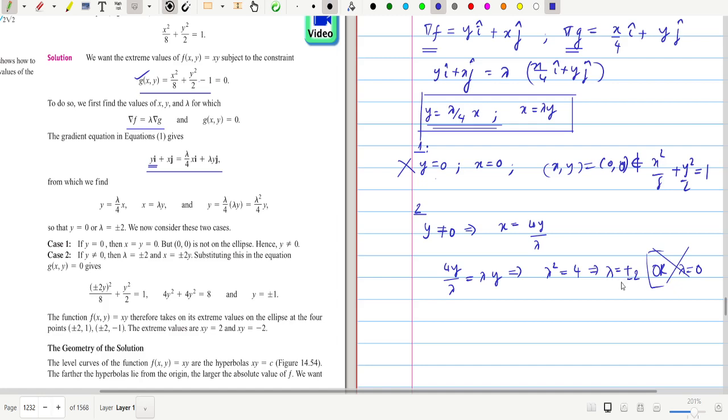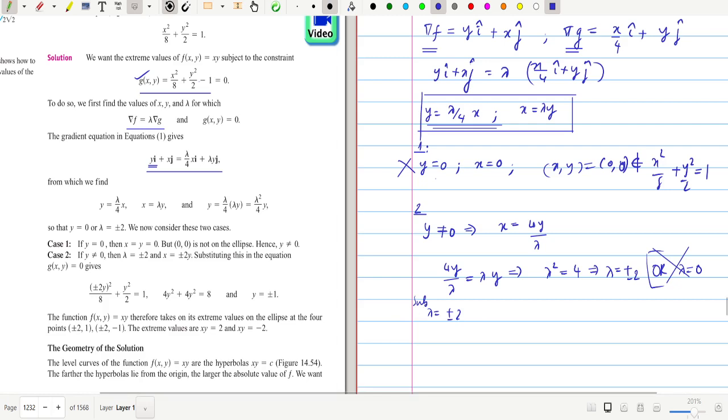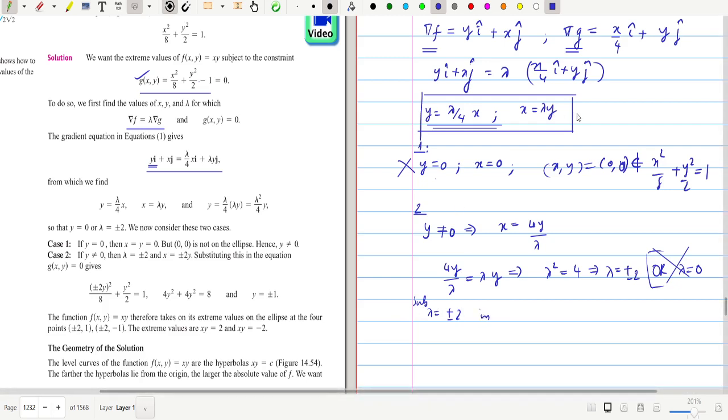So we need to substitute this value. We write lambda is equal to plus or minus 2 and substitute this in these equations.